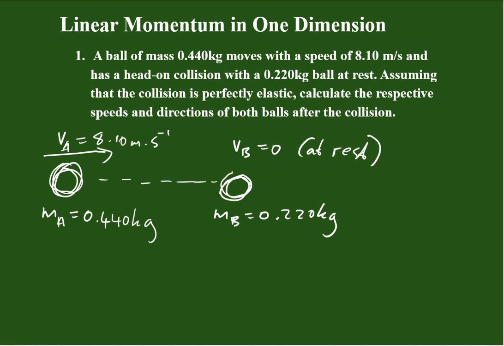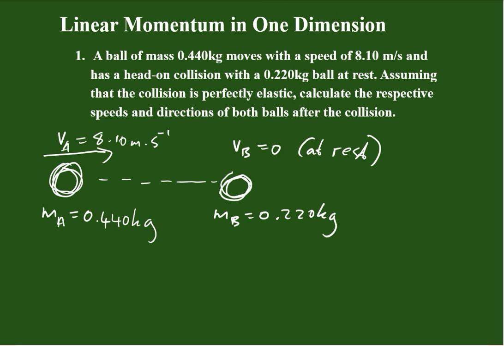After they collide, they're going to move off with different velocities, and that's what we need to figure out. So at some point they're going to collide, and we want to find out what the speeds and directions are after the collision.